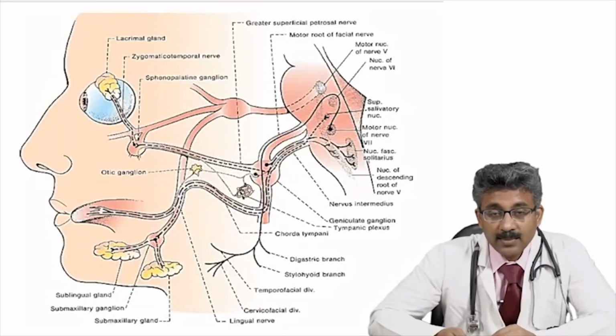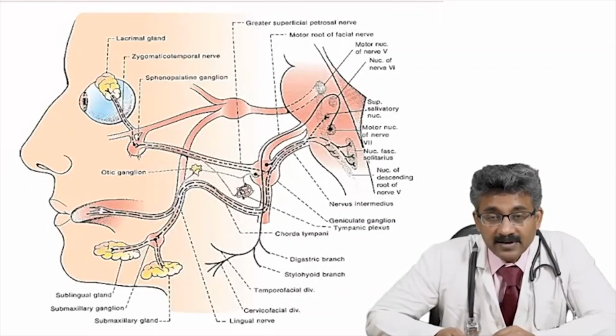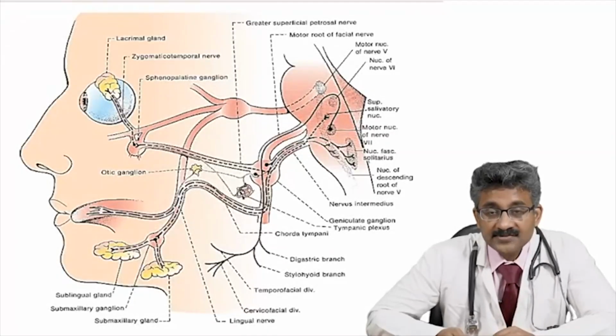So there will be a lacrimation problem, a taste sensation problem, and also a problem with salivation. That is the geniculate ganglion. What diseases affect the geniculate ganglion? Ramsay Hunt syndrome is one disease which affects the geniculate ganglion, and also Bell's palsy, Guillain-Barré syndrome and HIV.